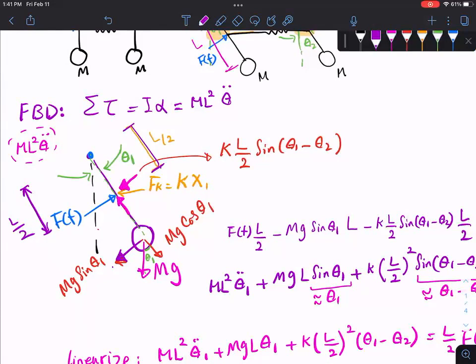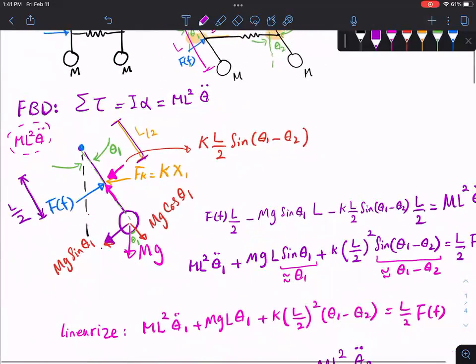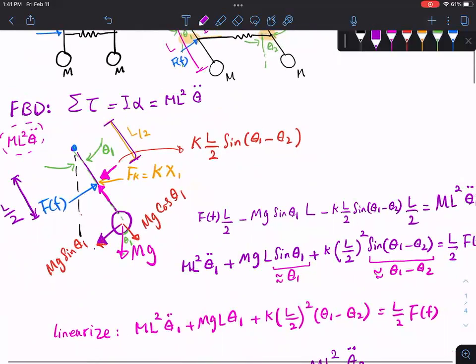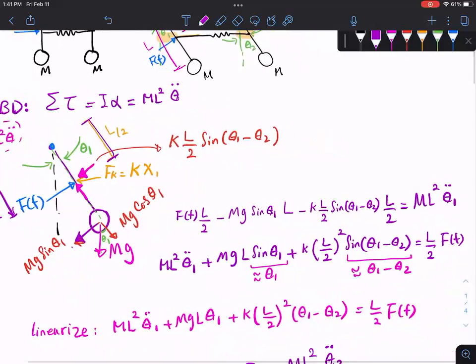All right. So writing the equations, we know f of t is applied at the halfway point of our rod, so f of t times L over 2, minus all the other torques, because they want to oppose this motion.